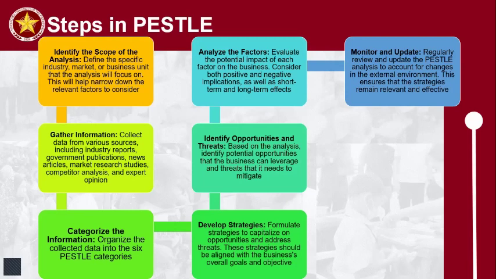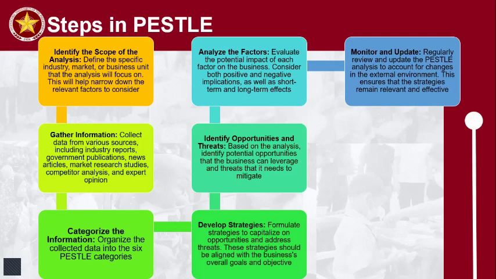Then we identify opportunities and threats. Based on the analysis, we identify potential opportunities that the business can leverage and the threats that it needs to mitigate. So as you can see, as you can remember, we mainly focus on the opportunities and the threats because those are the things that could hamper the operation of every organization.